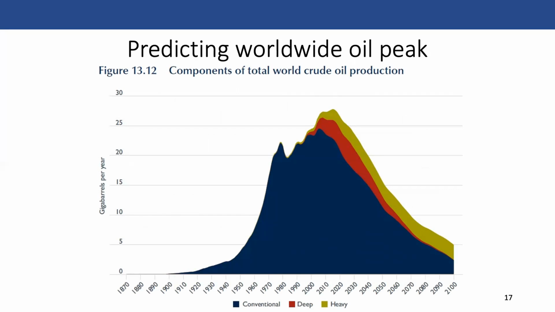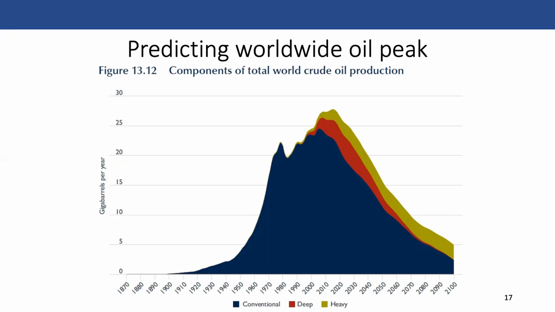Thinking about, okay, when is the world going to hit its oil peak? That question is still hotly debated. Some people think we'll never reach the peak, if you talk to certain folks in the oil industry. But I think the majority of people agree that it's inevitable.